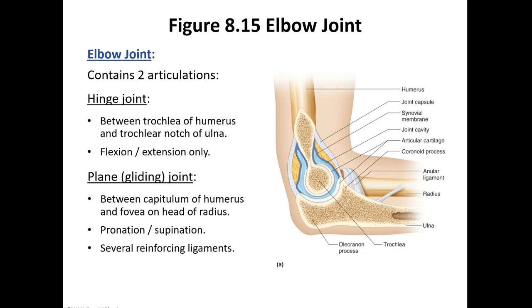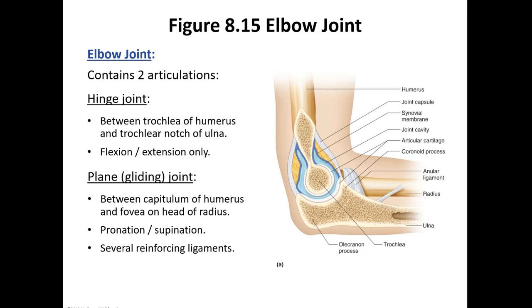When you do supination, there has to be a movement at the elbow. And when you do pronation, there also has to be a movement at the elbow. Those movements are made possible by the plane joint between the radius and the distal end of the humerus.